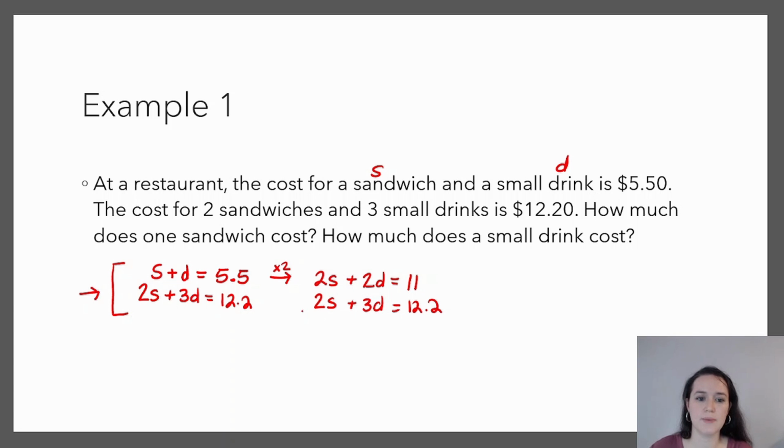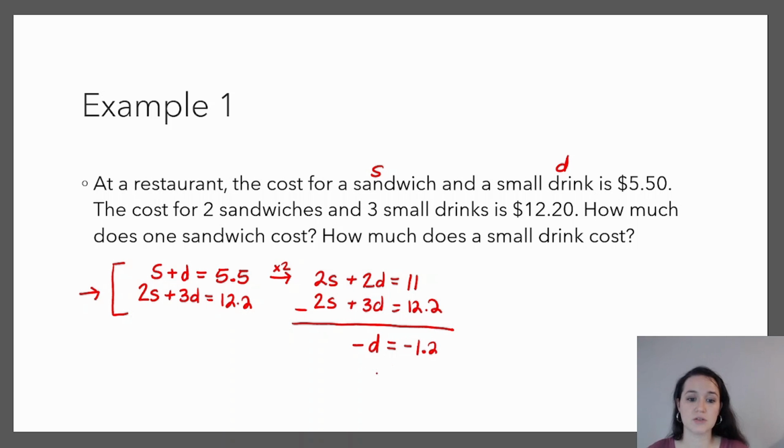I'm going to subtract these. If you prefer to do the bottom one on the top, that's fine, because you're going to get negative D equals negative 1.2. So that means 1 small drink is $1.20.